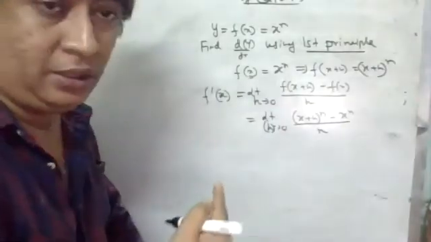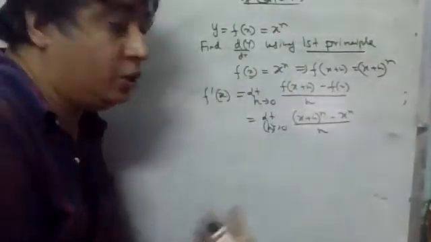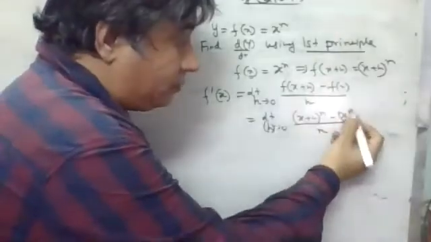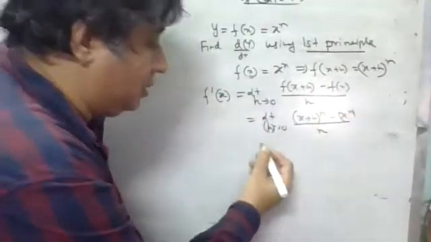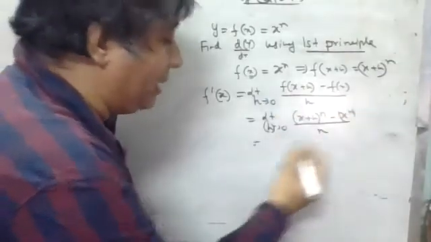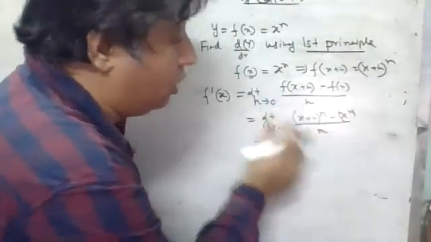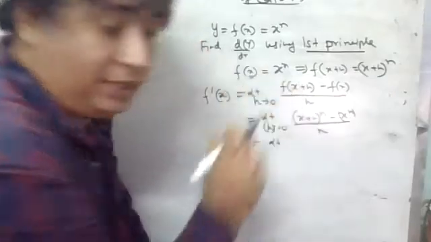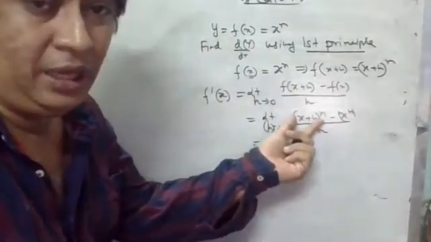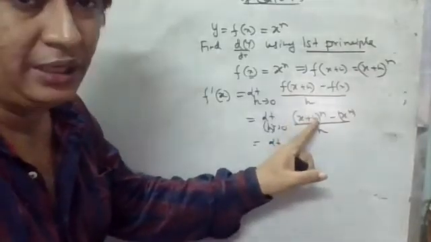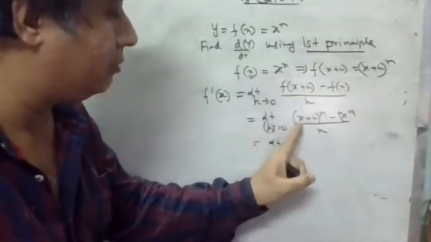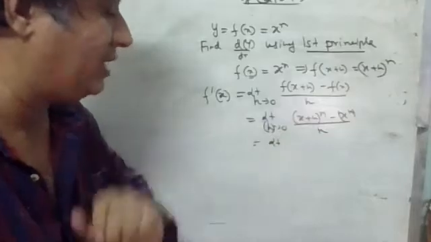So my job will be to bring the term regarding x out of the limit. So by force I am taking x^n common. Though from this bracket, x^n cannot be taken common directly because two different terms are there: one is the expression of x, and another is h.